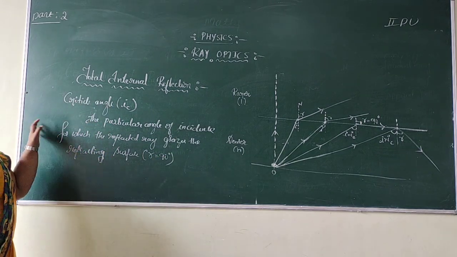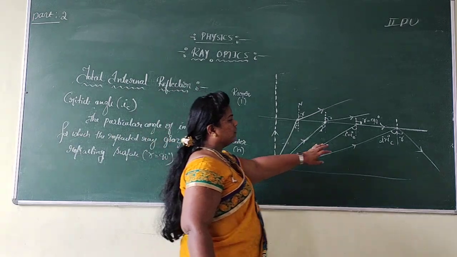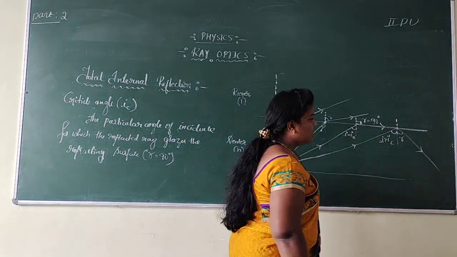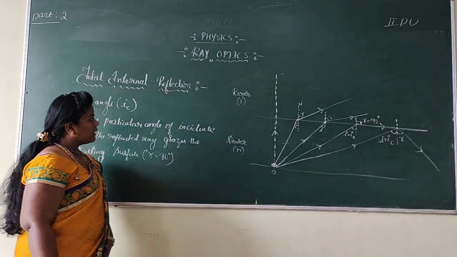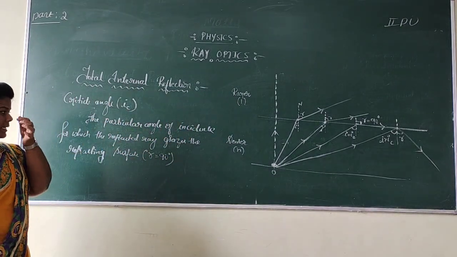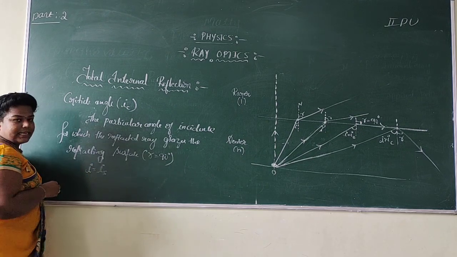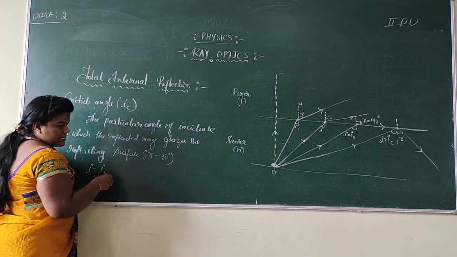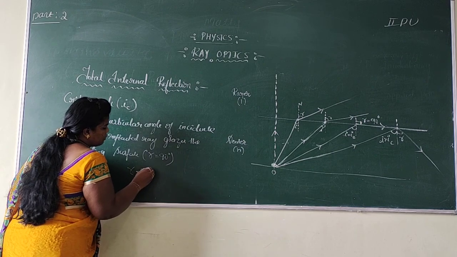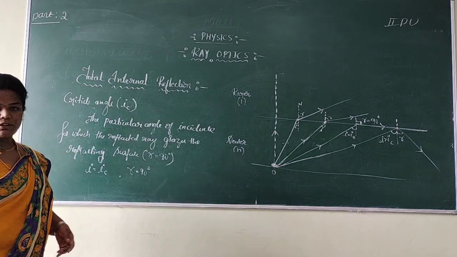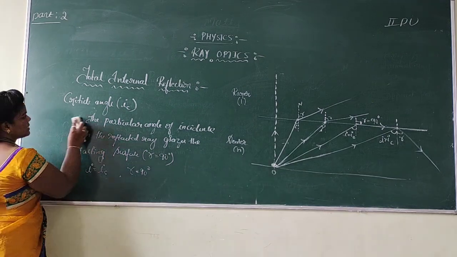This is the definition for critical angle. If for a particular angle of incidence the light ray has just grazed, that angle is called the critical angle, represented by IC. My dear students, when the angle of incidence is the critical angle, the angle of refraction becomes equal to 90 degrees. Using this, let us move to the calculation.